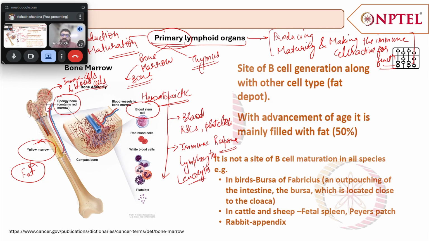All these cells involved in the immune response are produced by the hematopoietic stem cells that are part of the red marrow of the bone.